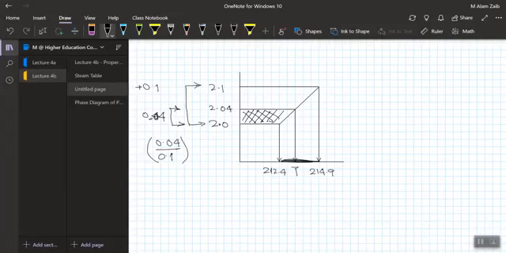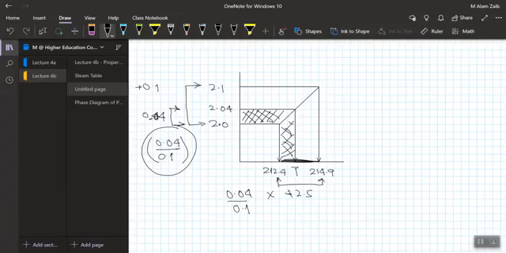This is the same percentage we would be expecting somewhere here. So if I find this percentage and multiply it over this difference, which is equal to 2.5, meaning I multiply this percentage, 0.04 divided by 0.1, with 2.5, it will give me a value equal to 1.0.